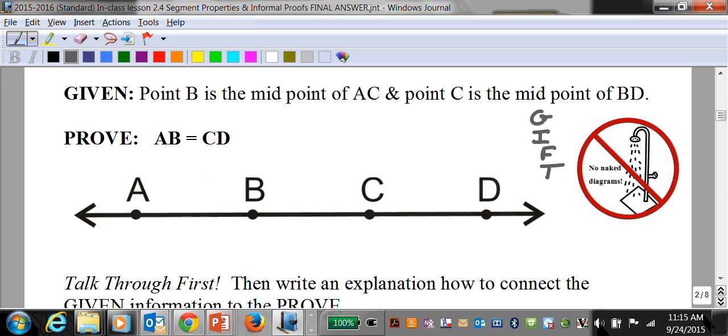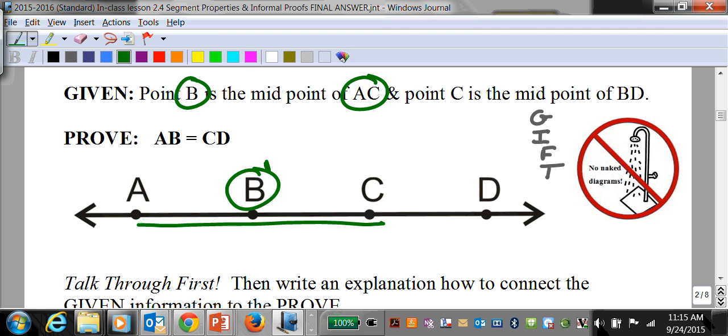All right, step 1, it says B is the midpoint of AC. So we circle B, and we trace A to C, and we write midpoint. Again, remember, guys, I recommend you color code.